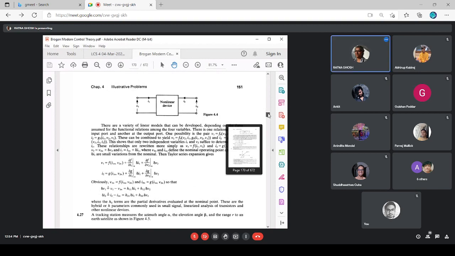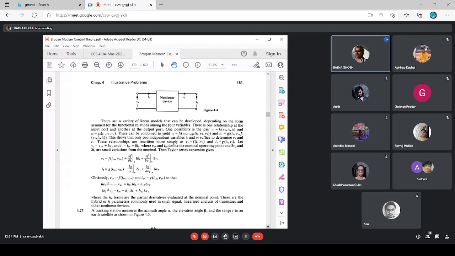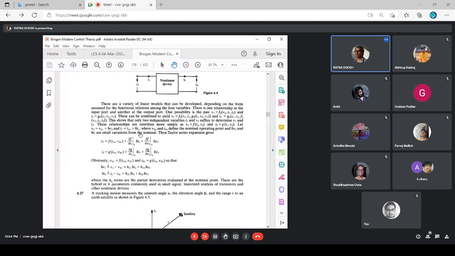Here it's a nonlinear tracking station. Suppose you've got V1 and you've got an I2 also. So this would be a matrix of the two inputs, del I, del V. So this would be the Jordan matrix.